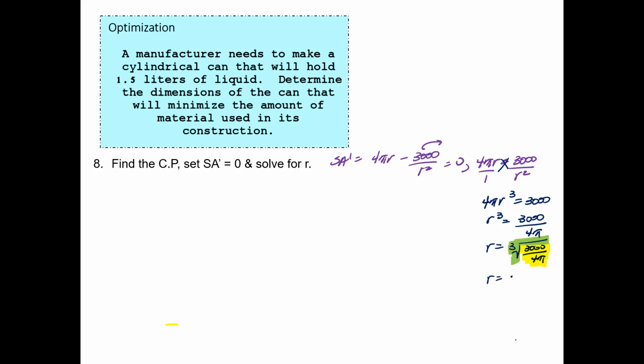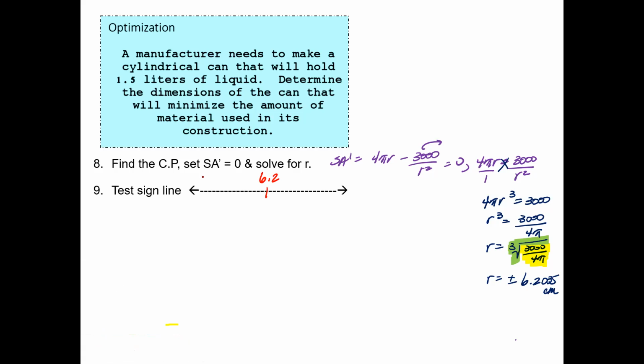You should get two answers, a positive and a minus, 6.2035 centimeters. After that, keep in mind you can't have a negative radius. It's only going to be a positive radius. And so let's go ahead and test this on a sign line. So I'm just rounding it as 6.2.